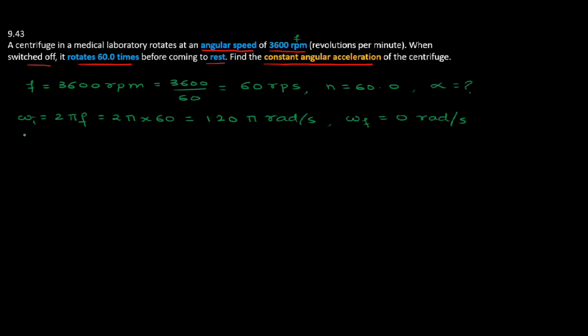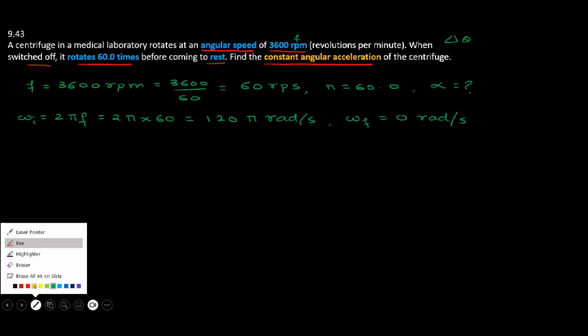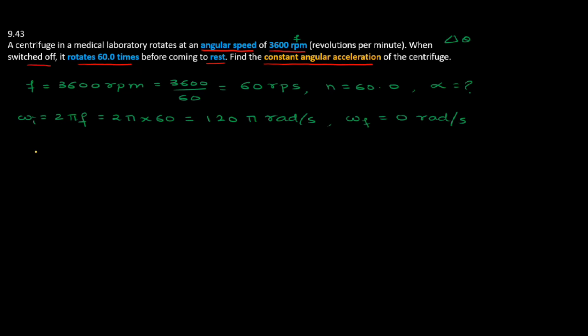I have the value of initial angular speed, final angular speed, and I need to find alpha. I can find alpha if I know the value of angular displacement delta theta. And I can calculate delta theta by using n. I know the number of revolution, which is 60. And the relationship between number of revolution and delta theta is n equals delta theta over 2 pi.